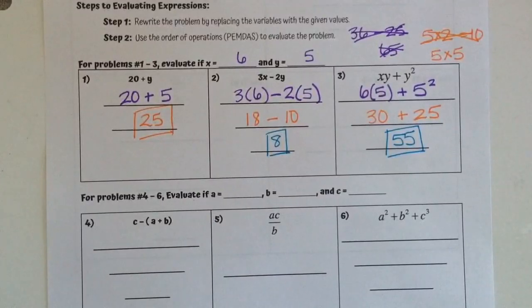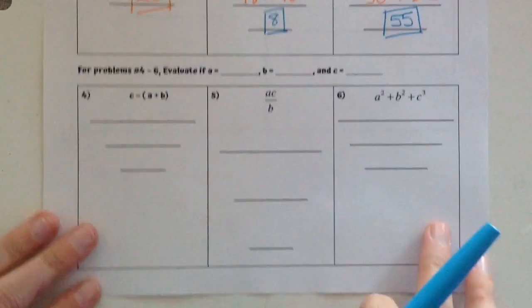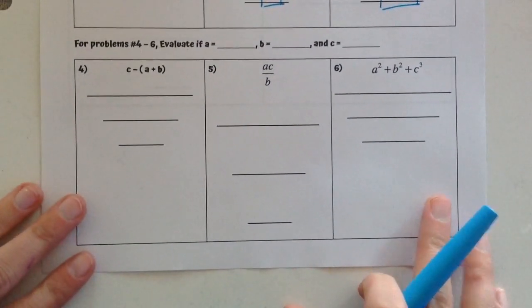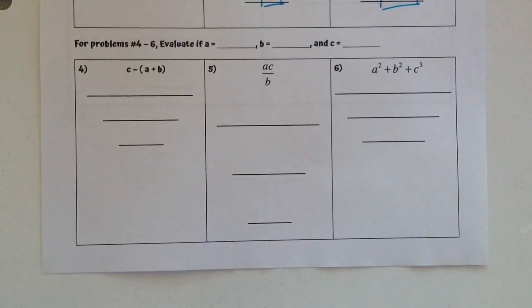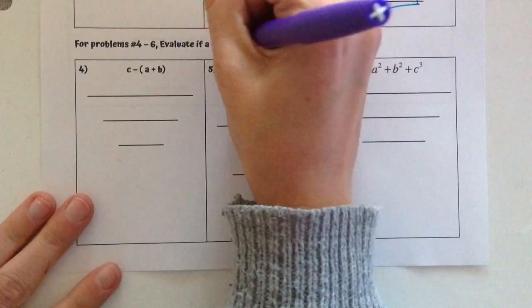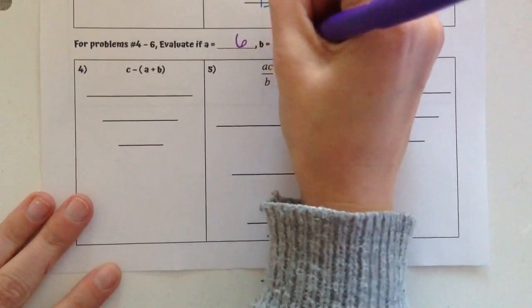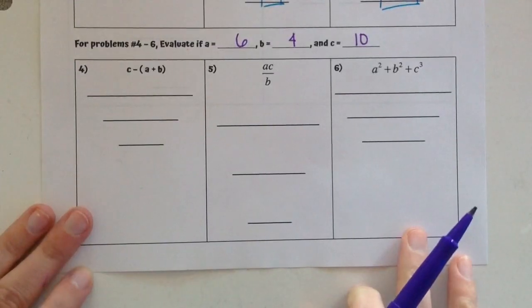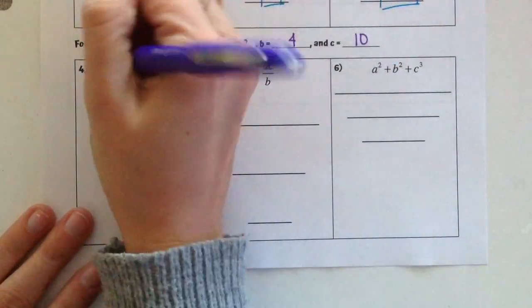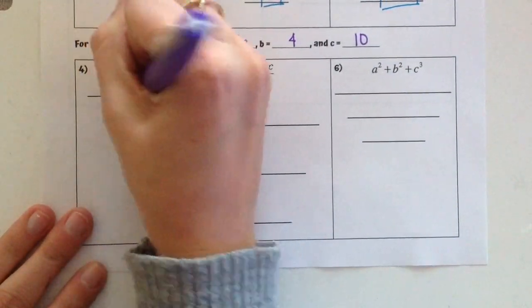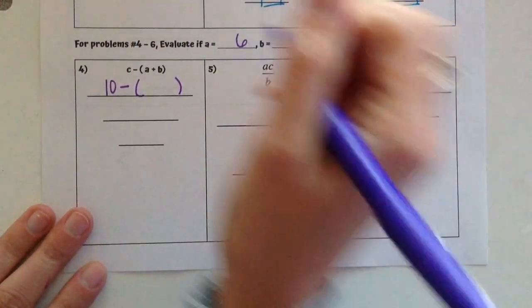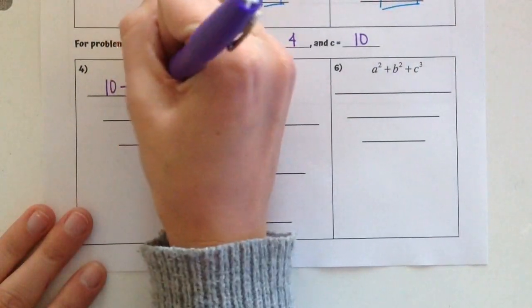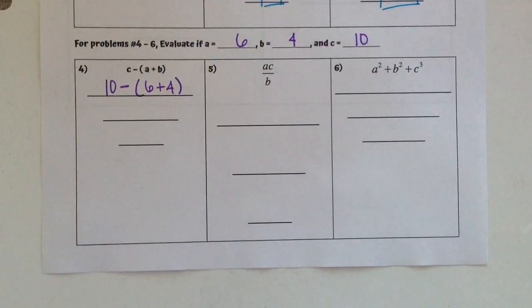All right, the next step, and then we're going to have you try the rest on your own. So for 4 through 6, we're going to evaluate if A equals 6, B equals 4, and C equals 10. So for number 4, I'm going to plug in C is 10 minus, and then in parentheses, A, which is 6, plus B, which is 4.